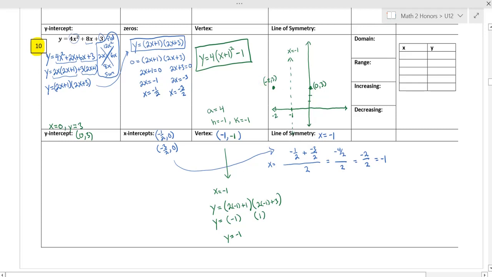Negative 1, negative 1 is our vertex that we found, so put a point there for the vertex. And then we have an x-intercept at negative 1/2, 0 right here, and at negative 3 over 2. Negative 3 over 2 as a decimal would be negative 1.5, and so negative 1.5 is between negative 1 and negative 2, so something like this.